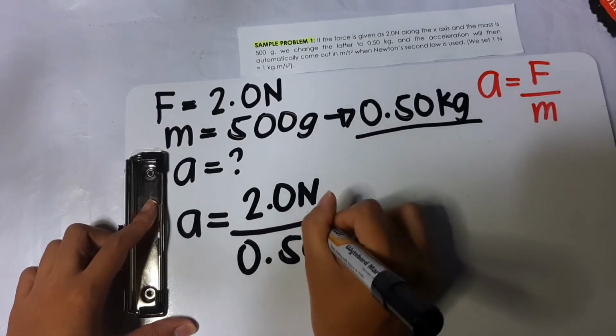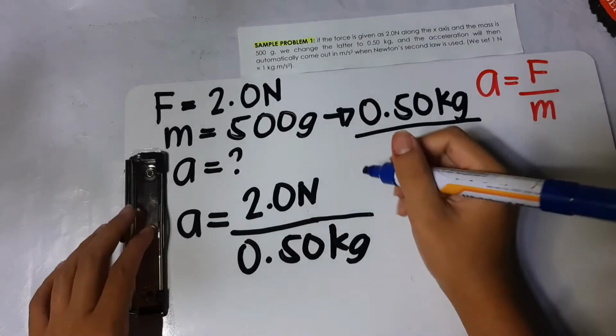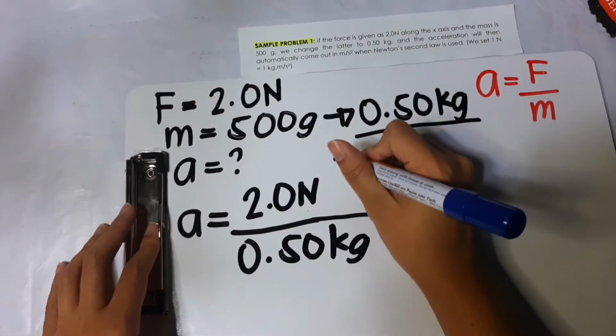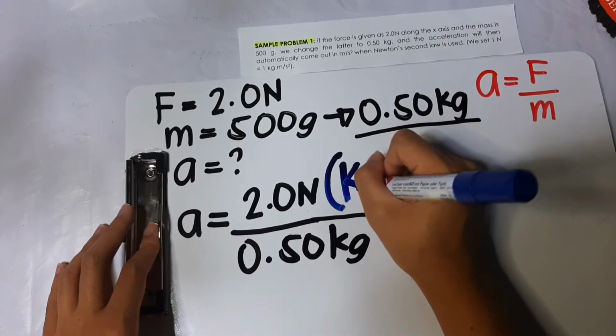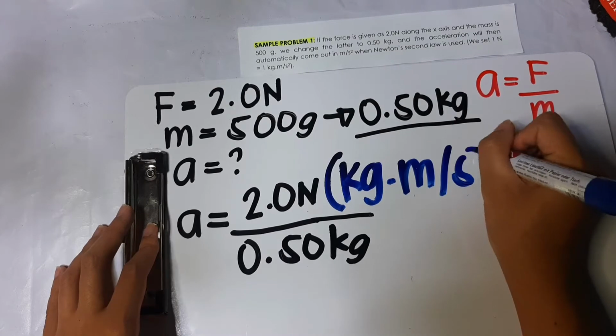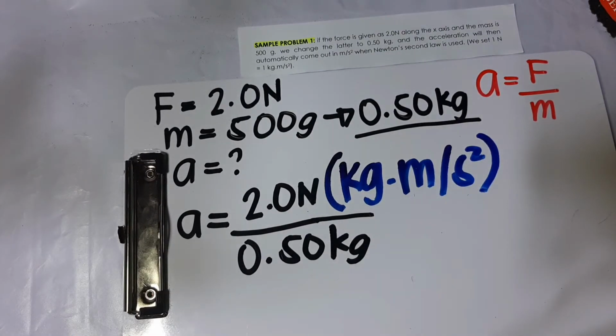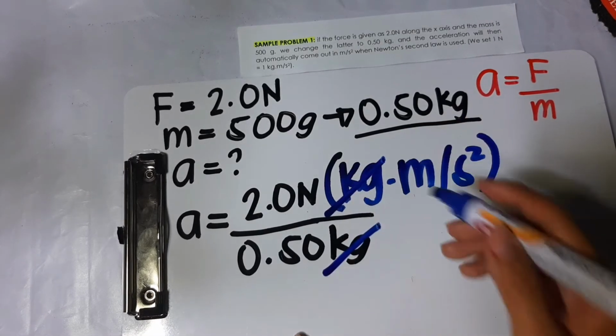Okay. Now, in order for us to cancel the unit kilogram, let's break down the unit Newton. So, Newton is also equivalent now to kilogram times meter over second squared. So, now we can cancel the kilograms.